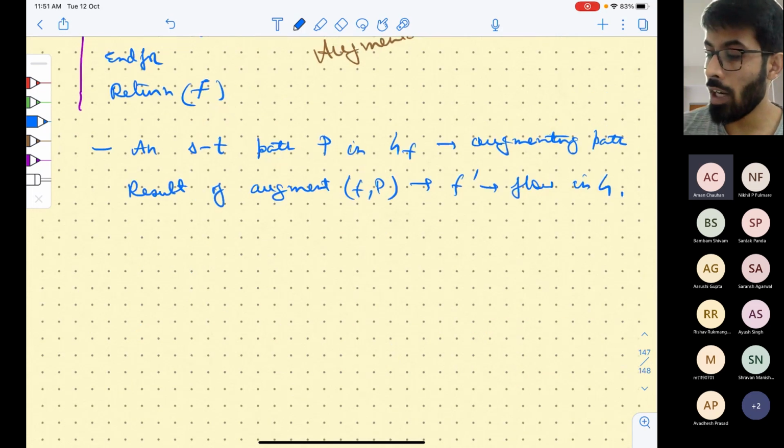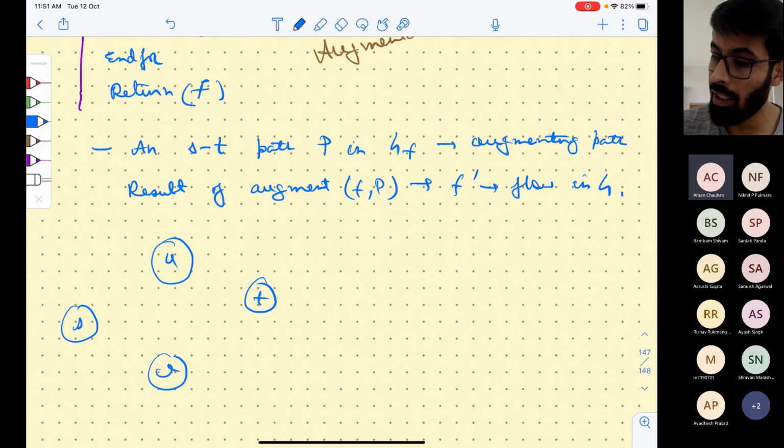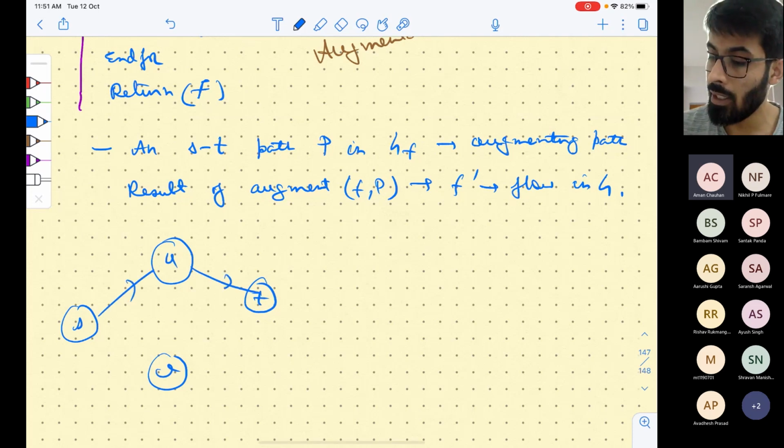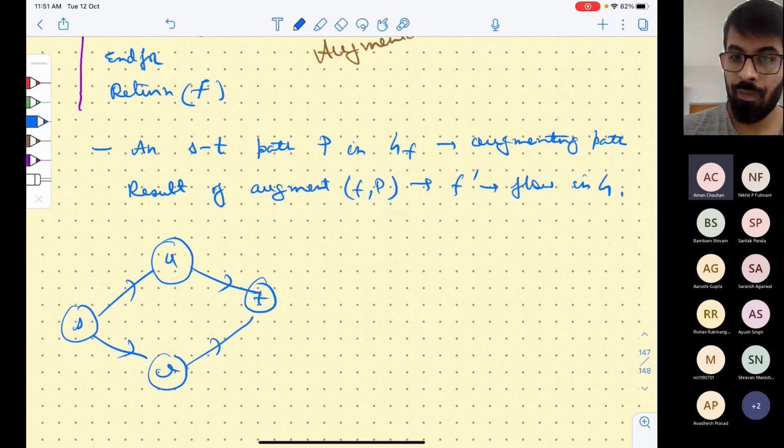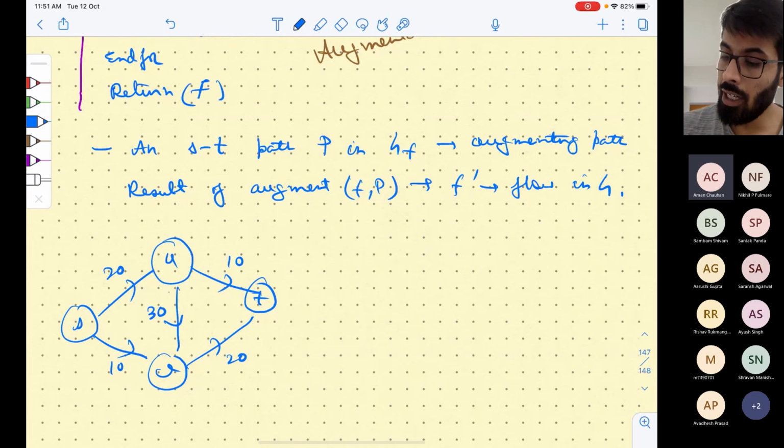But let's go back to our example and quickly see what this does to the residual graph. First we have these S, T, U, and V. So what were the capacities again? The capacities were 20, 10, 10, 20, and 30.